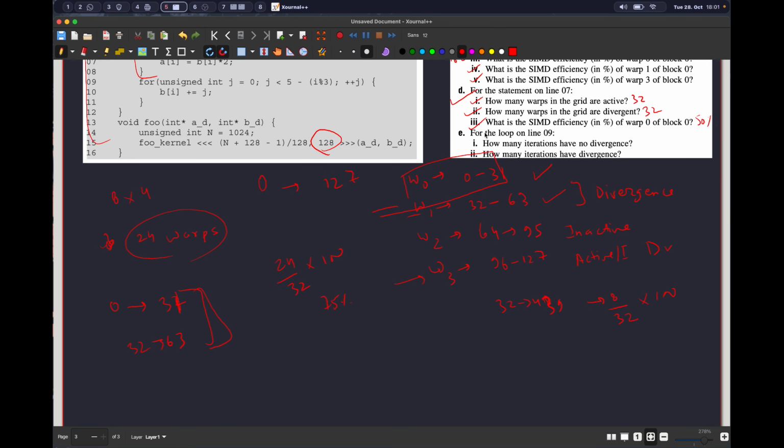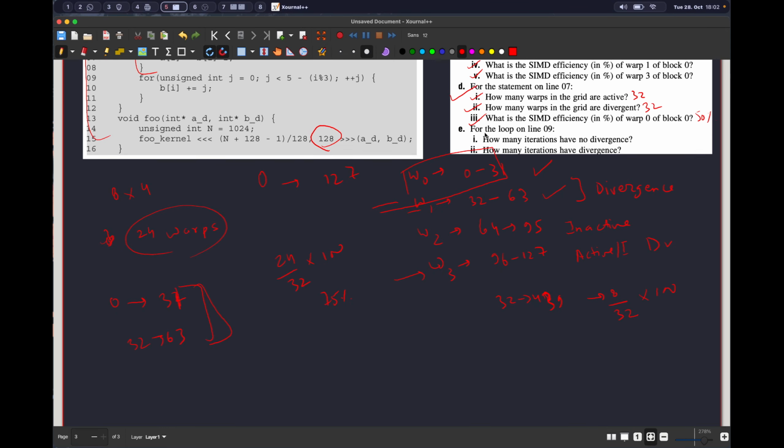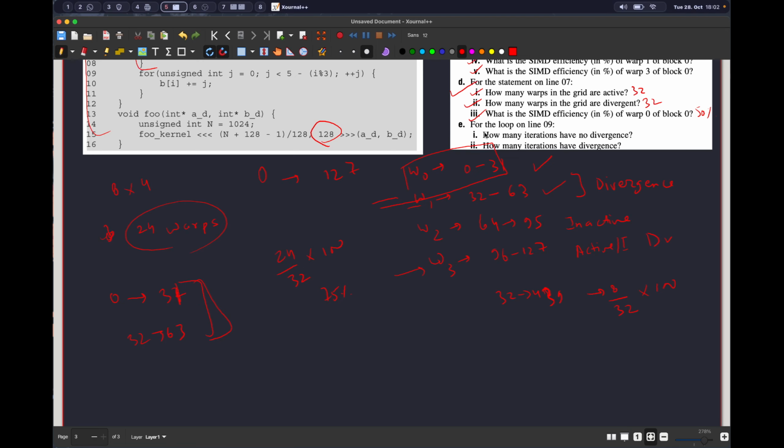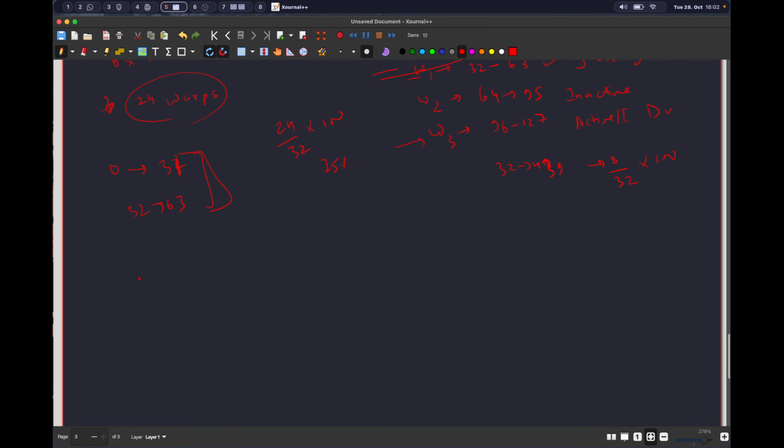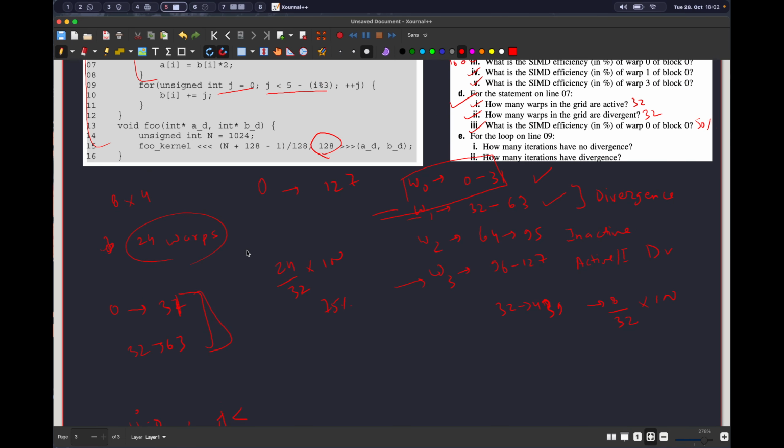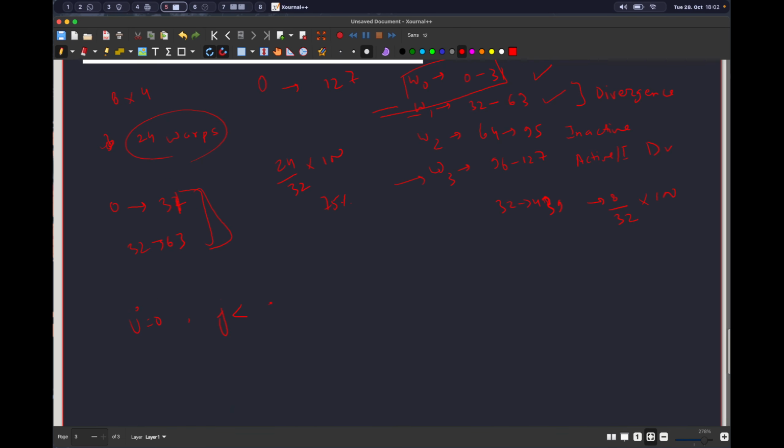How many iterations have no divergence in line 9? So in line 9, we have int j equals 0, j less than 5 minus i percent 3.